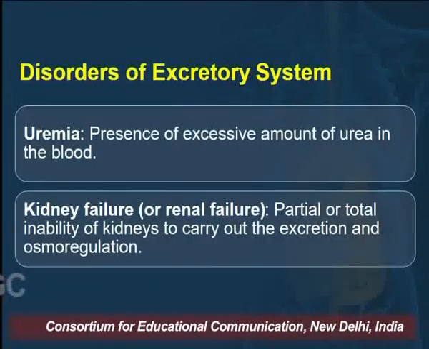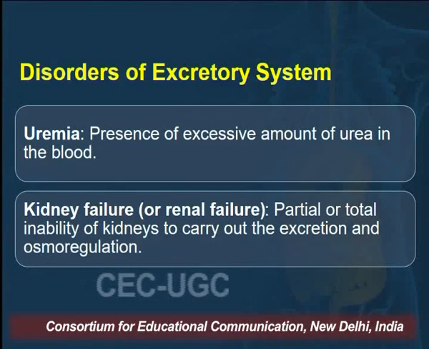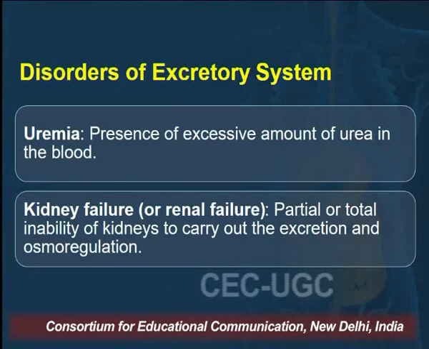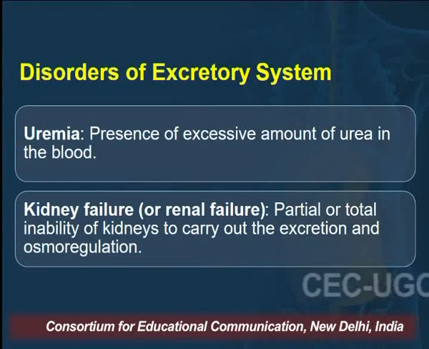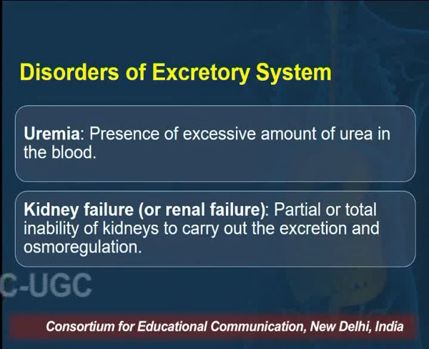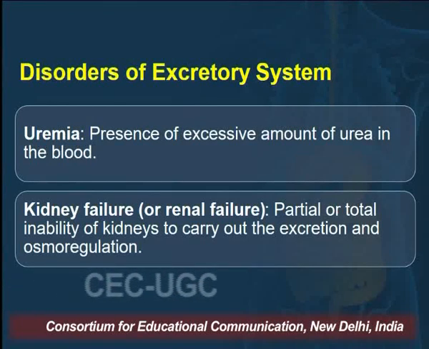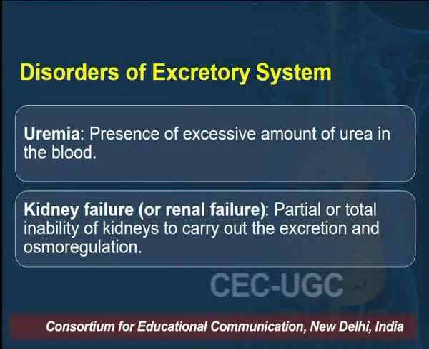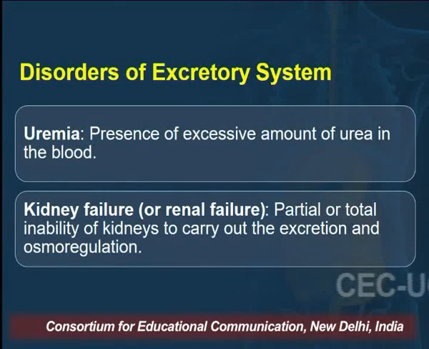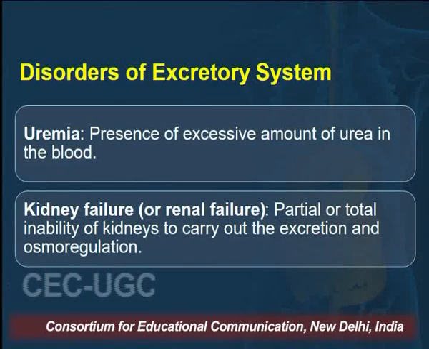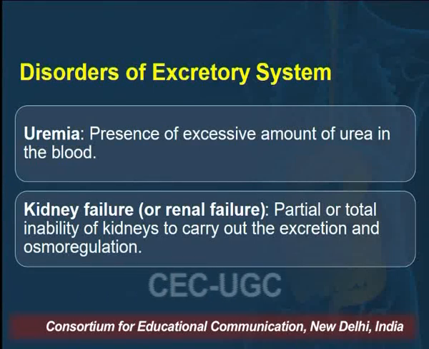Now we will see some of the disorders associated with the excretory system. First one is uremia, the presence of an excessive amount of urea in the blood. Then kidney failure or renal failure, that is partial or total inability of the kidneys to carry out excretion and osmoregulation.